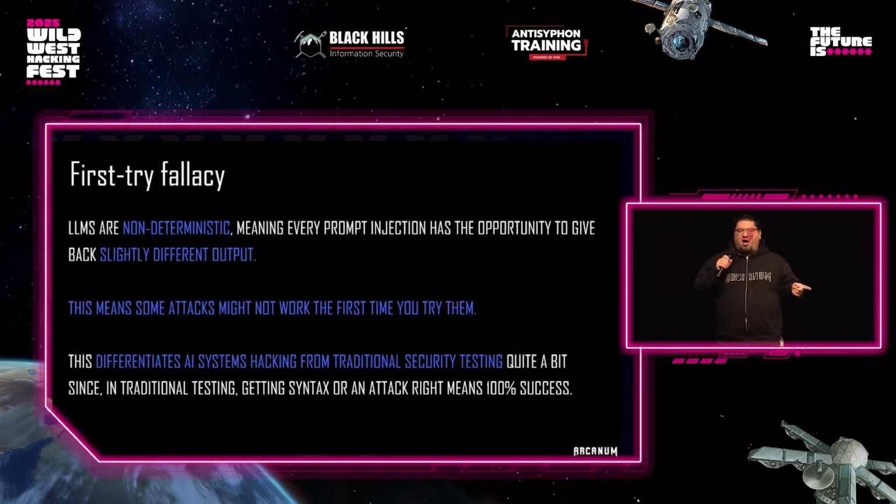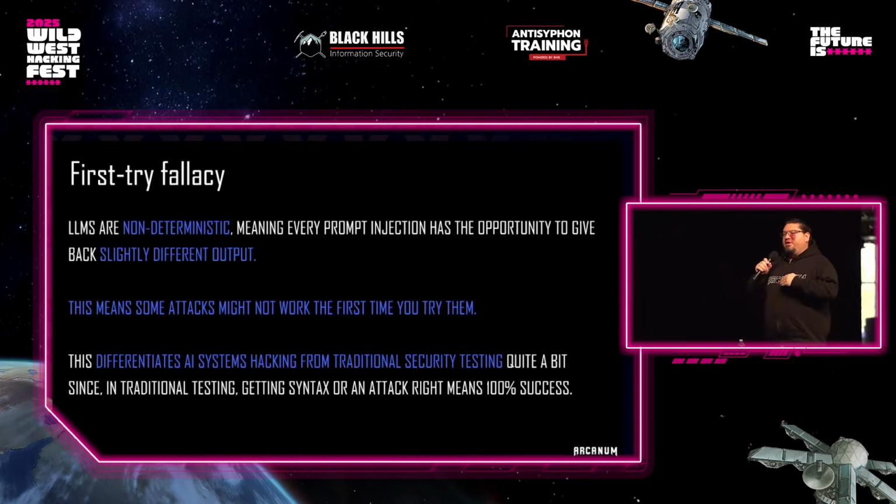Or you will try to do an attack that you know works very often against this system, and then it doesn't work the first, second, third, fourth, fifth time you try it, but it works on the 10th time you try it. And this is very different from traditional testing. This is something I call the first try fallacy.